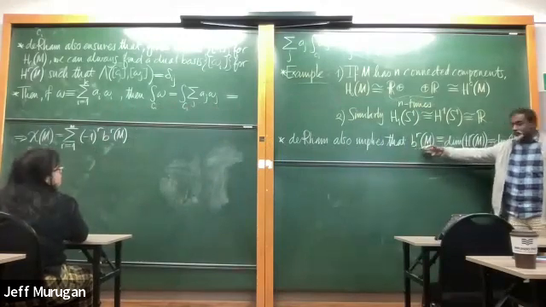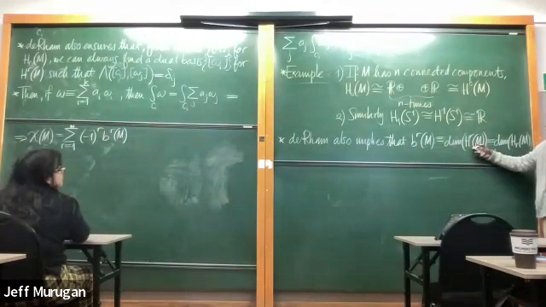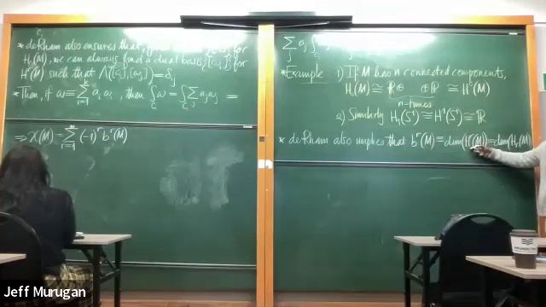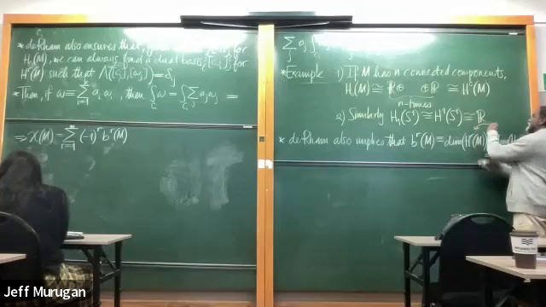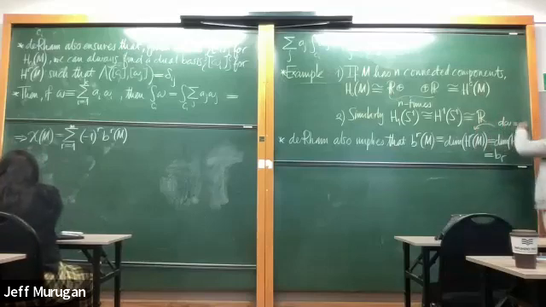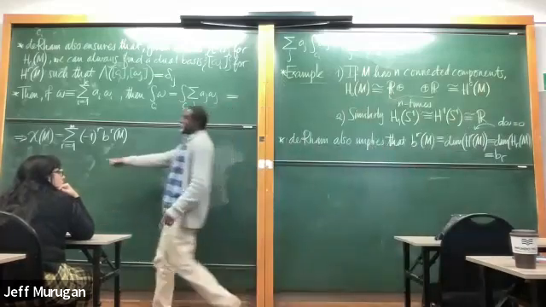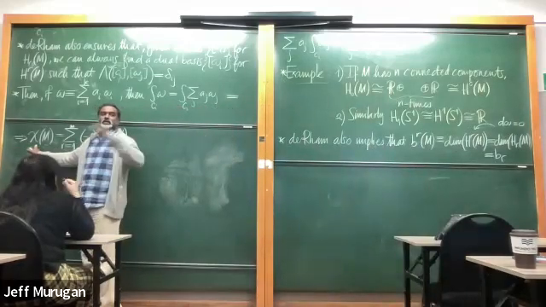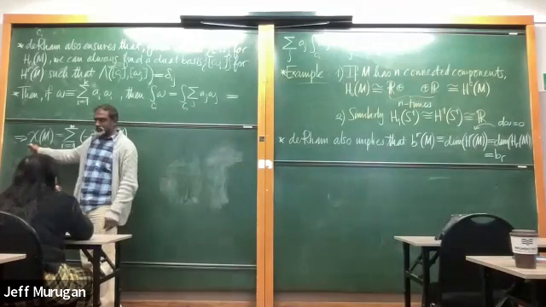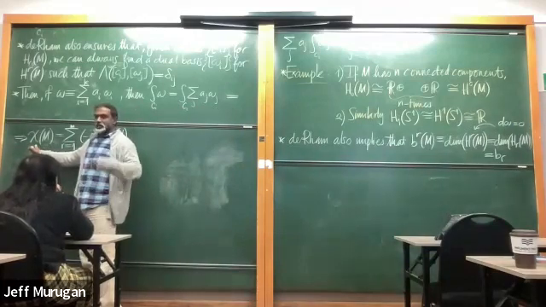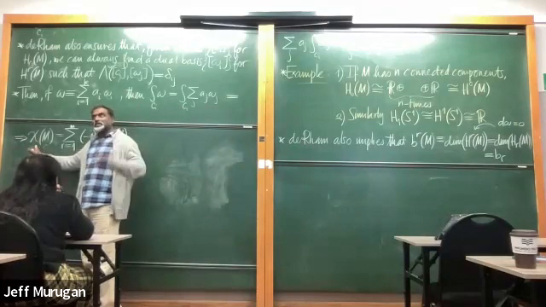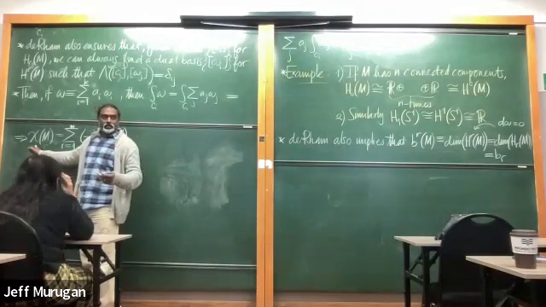This B_r of M, the dimension of the r-th cohomology of M, is an analytic statement. It's a statement about solving differential equations. To determine what this is, I'm asking questions about things that look like d omega equals 0. This is a set of differential equations. The thing on the left-hand side is a global quantity. It has to do with integrals. It has to do with information about the entire manifold.